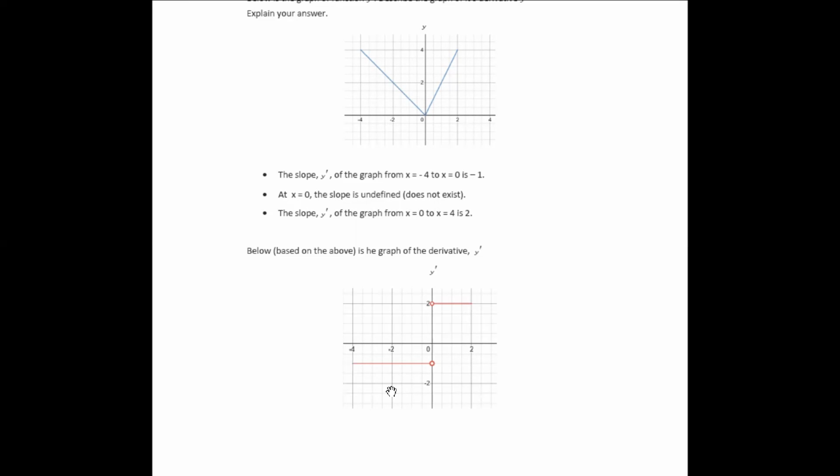Also keep in mind that everything above the x-axis, y is positive, and everything below the x-axis in graphing, y is negative. Well, in this case, with the graph of the derivative, remember it's x versus y prime, everything above the x-axis is positive, and everything below the x-axis is negative.